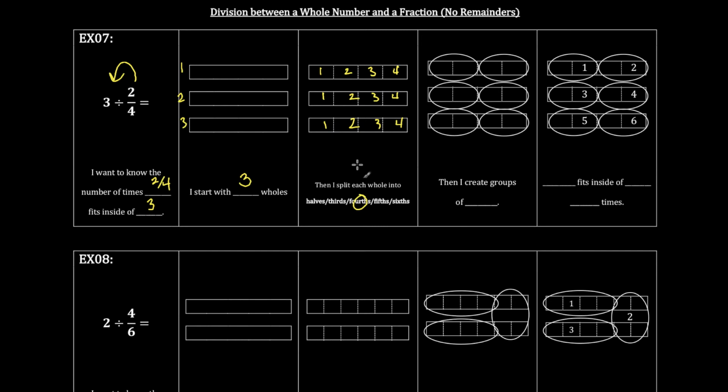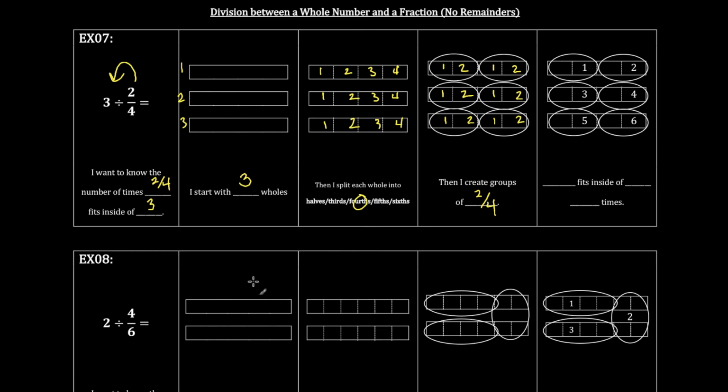Now I'm trying to see how many times 2/4 can fit into 3, so I'm going to split these fourths into groups of 2/4. This is 2/4, 2/4, 2/4. So I'm going to create groups of 2/4.